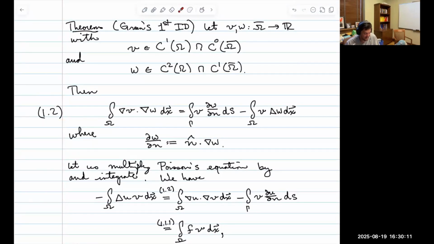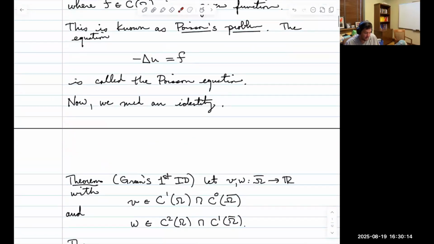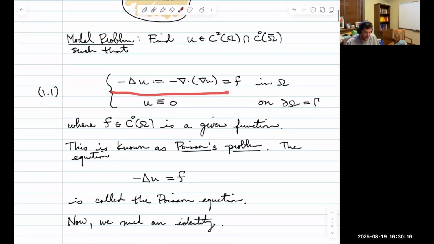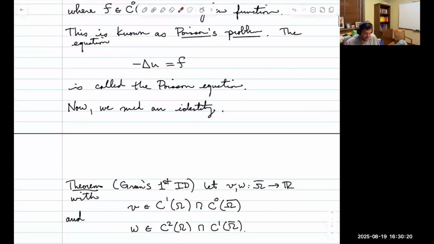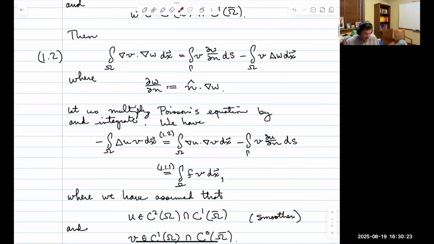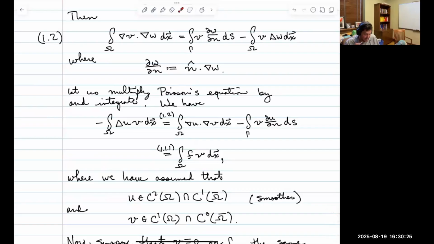And so let's massage this original problem in such a way that we can use Green's first identity. How can we do that? Let's take Poisson's equation and multiply by v and integrate. In fact, we're going to integrate over omega to be perfectly specific.